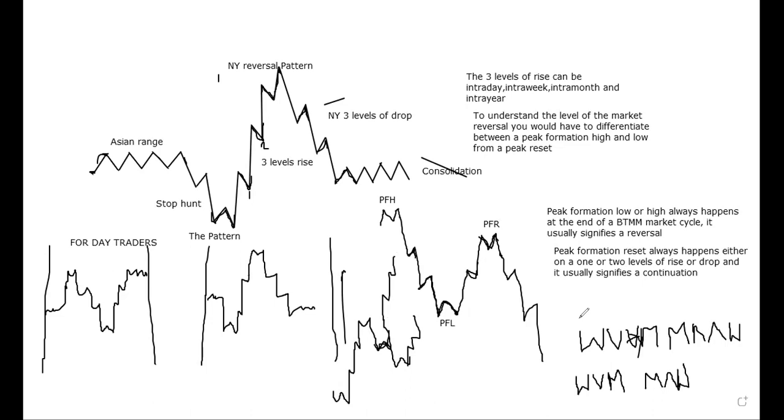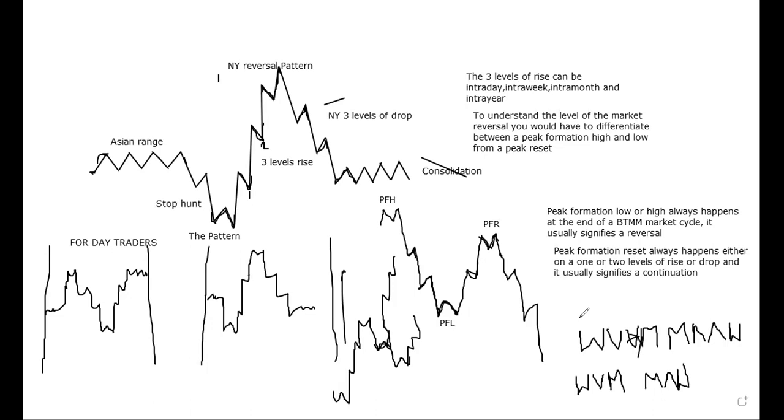Now, when you have a peak formation, that means the market has gone to its extreme. That is, if you have a peak formation high, the market has gone to the highest level that it can get to. This is what, when you use your RSI or any oscillator, they will tell you the market is at an overbought zone. So a peak formation high is like an overbought zone. Okay, so at that level, the market has got to its peak.